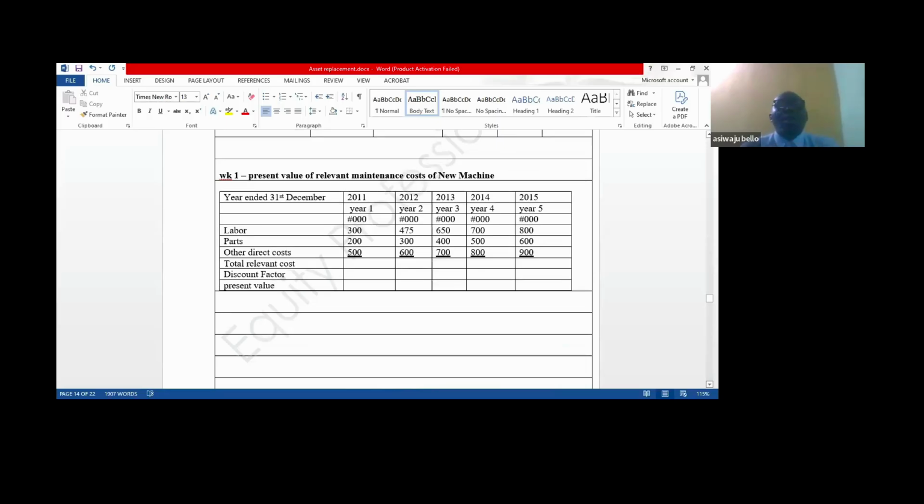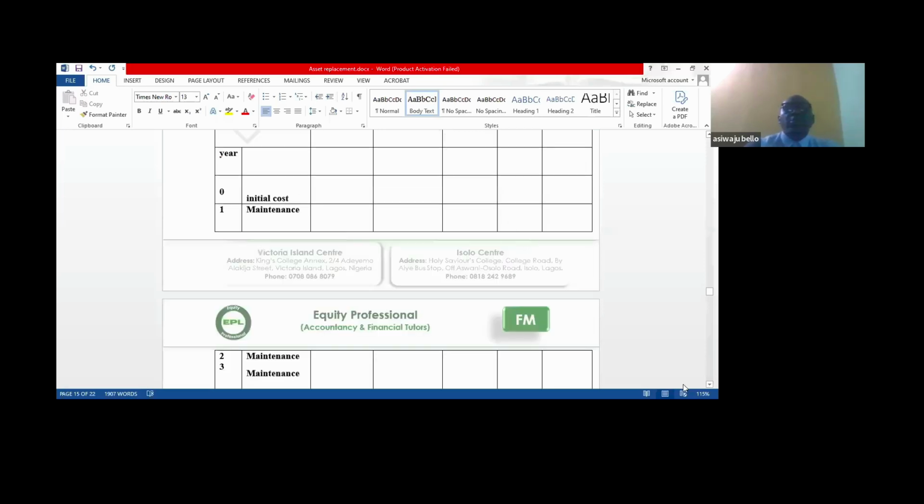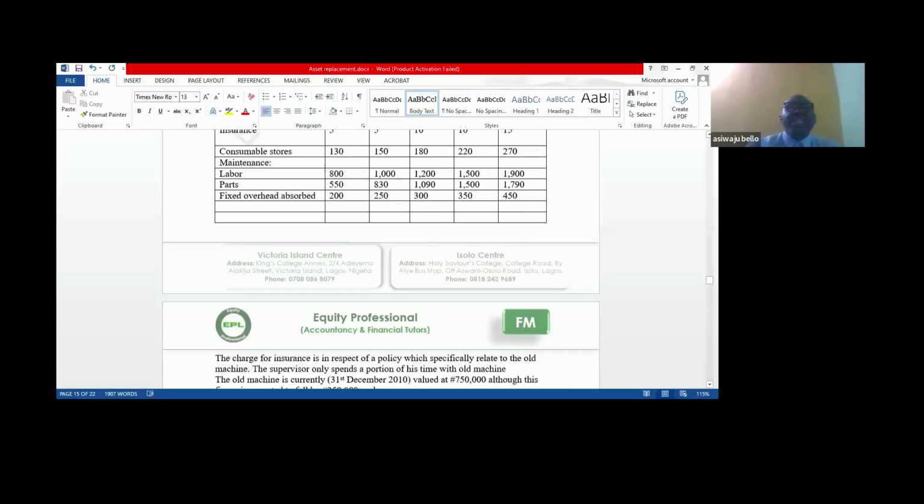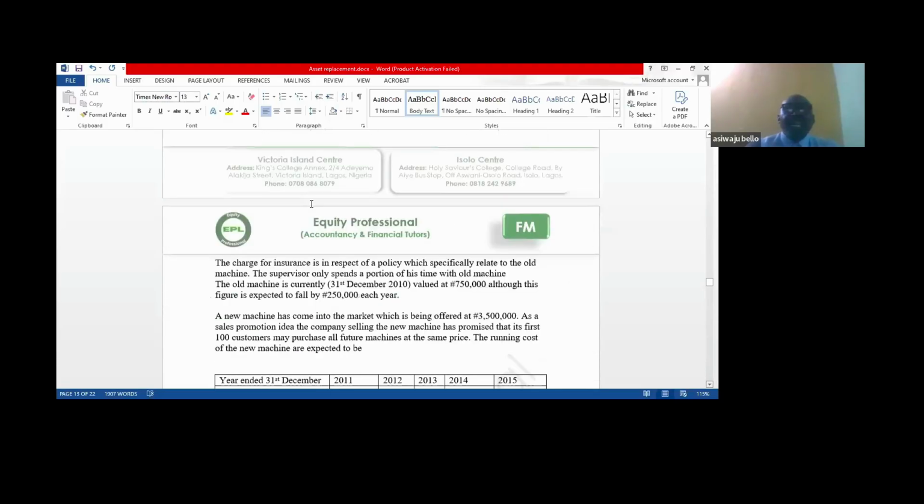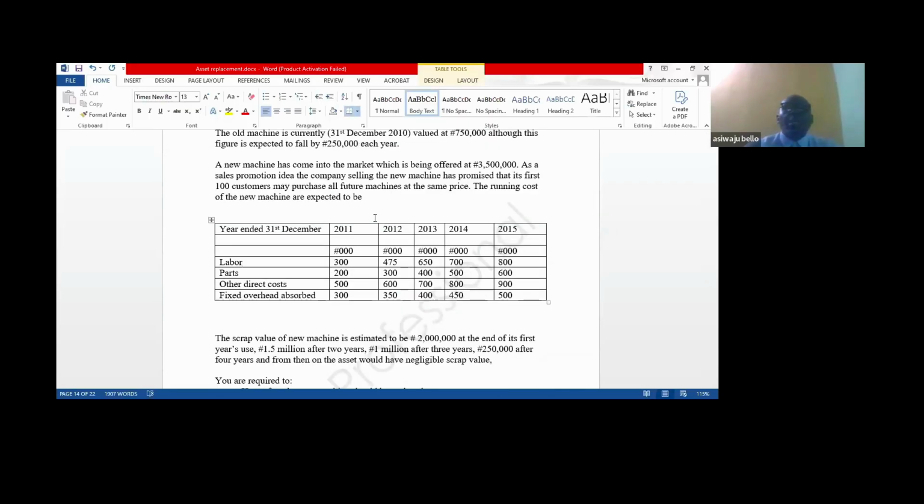Working one, present value of relevant maintenance cost of new machine. If you look at the question, the running costs of the new machine are expected to be labor cost. Labor cost is relevant. Cost of spare parts. Machine parts are relevant.